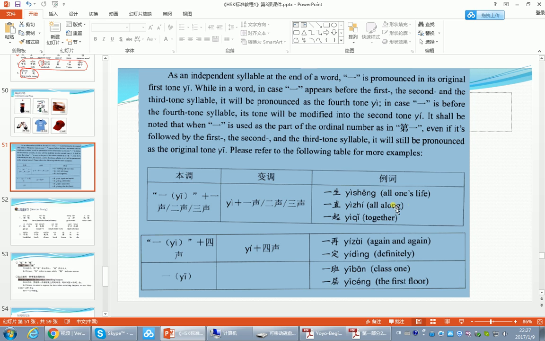Here are some examples: 一生, 一直, 一起. And if 一 is followed by a fourth tone, it will change to the second tone, 一. For example, 一定. And if it means the number, it will not change. For example, class 1, 一班, the first floor, 一层.